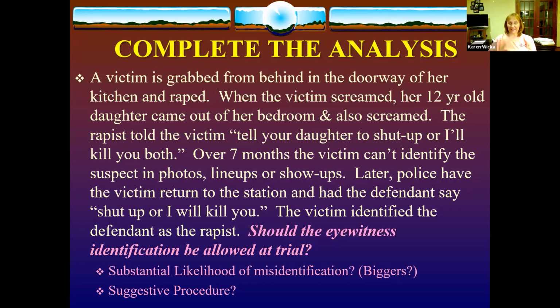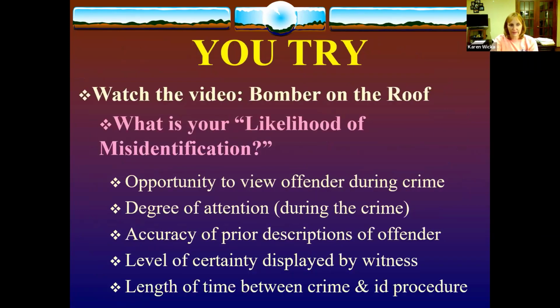So in this case, it would be very, very hard to get past suggestivity, because it's a show-up and there was really no emergency or need to do it right at that time. So I think this might be a difficult pretrial identification to have. The judge is going to have a hard time allowing this witness to testify because you probably failed the weight test.